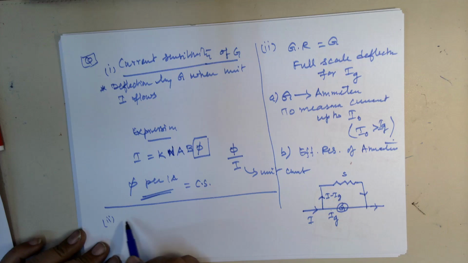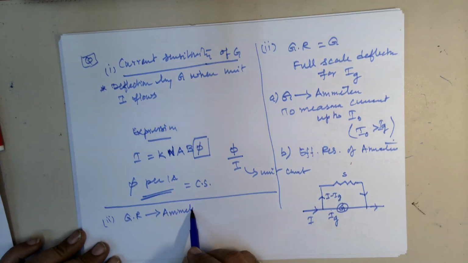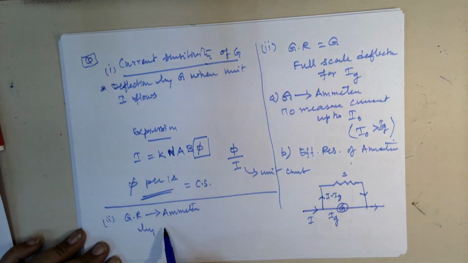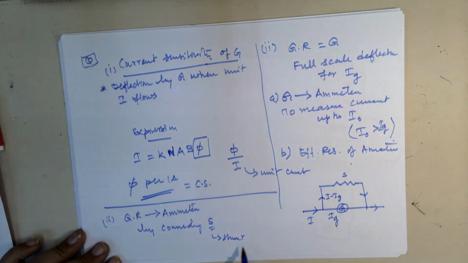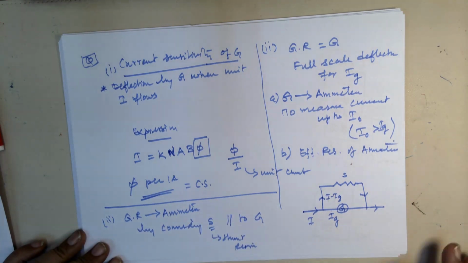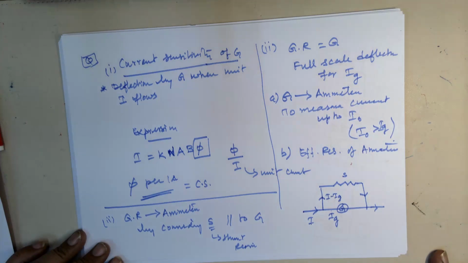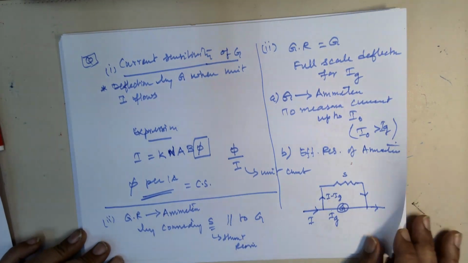Take down: galvanometer can be converted into an ammeter by connecting a shunt resistance, a small resistance parallel to the galvanometer. In a short way you can write it down, but not in the examination. This is for note taking purpose, for your personal studies.